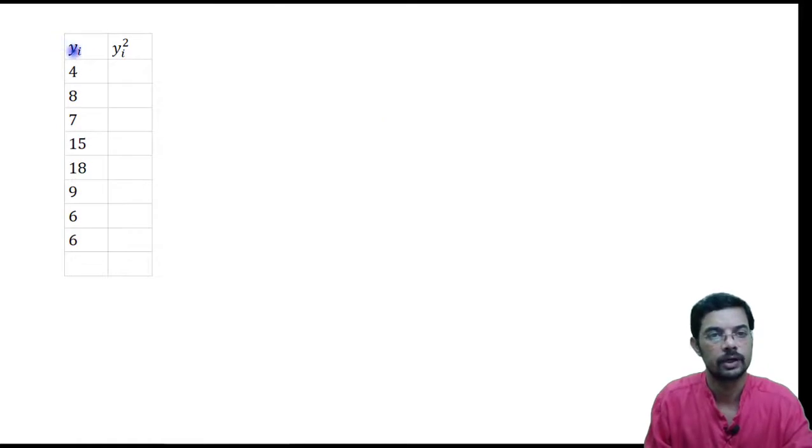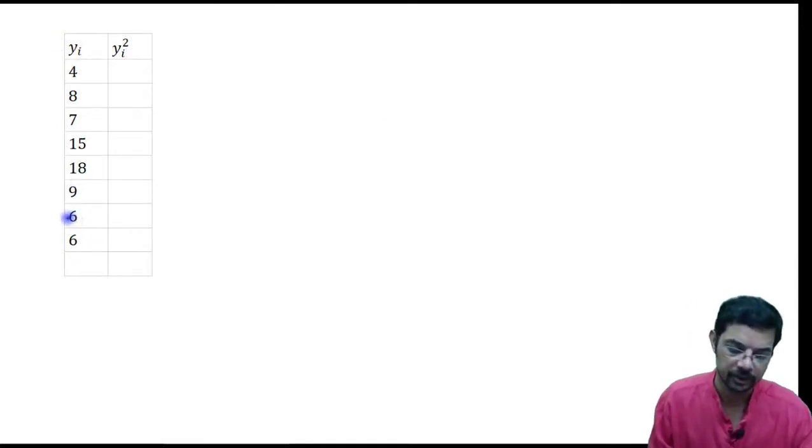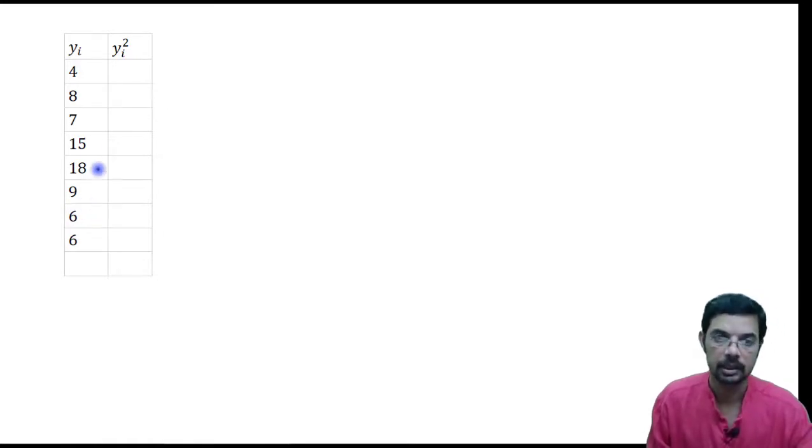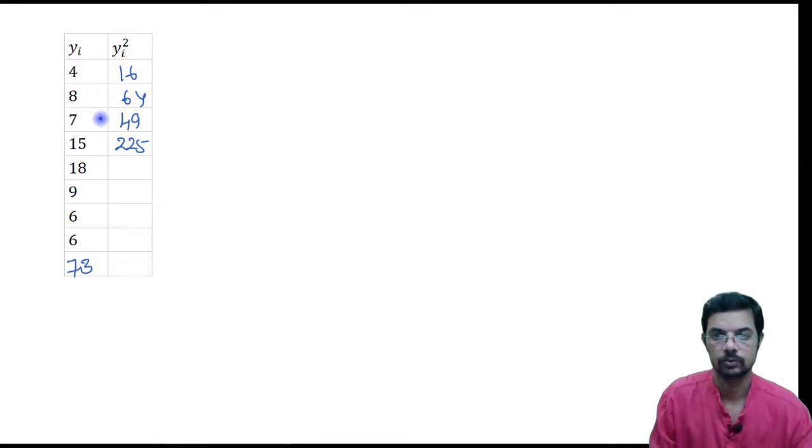Same way, we need to find the mean of the observations of company B. Here the sum is equal to 73. So squares: 4 squared is 16, 8 squared is 64, 7 squared is 49, 225, 18 squared is 324, 324, 81, 36, 36.